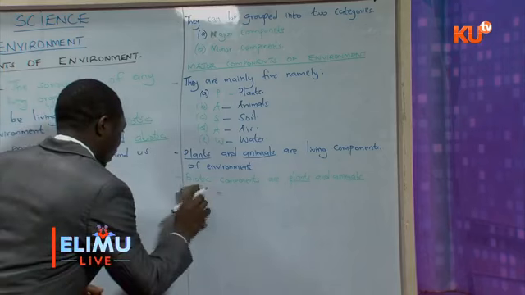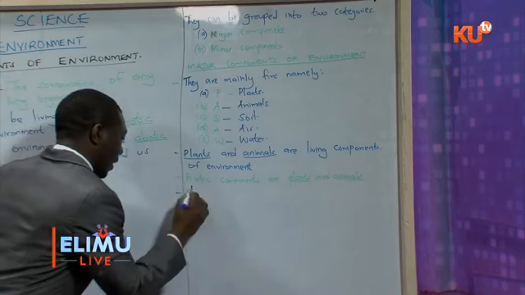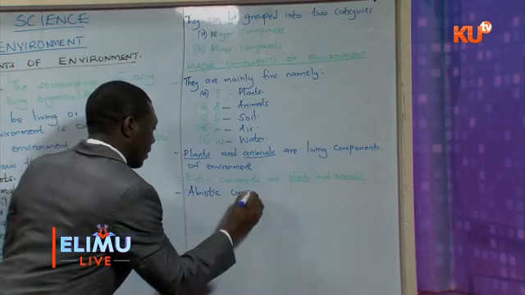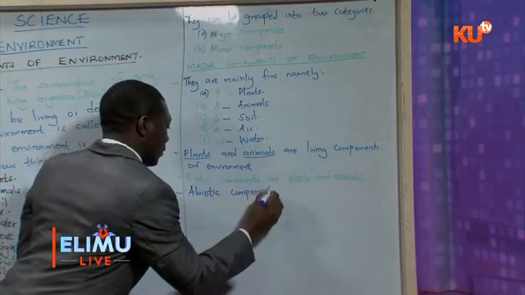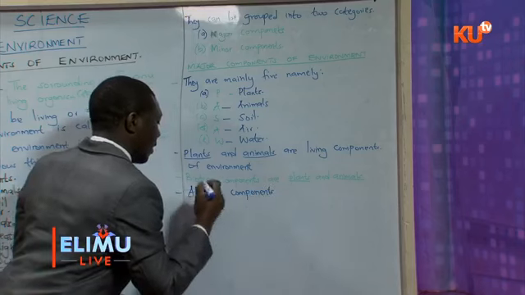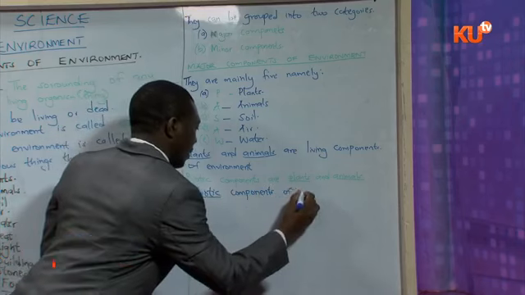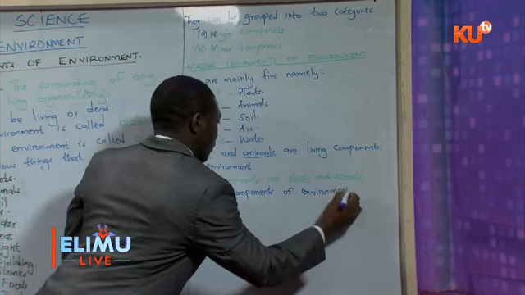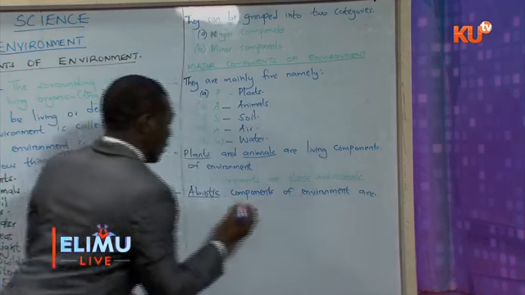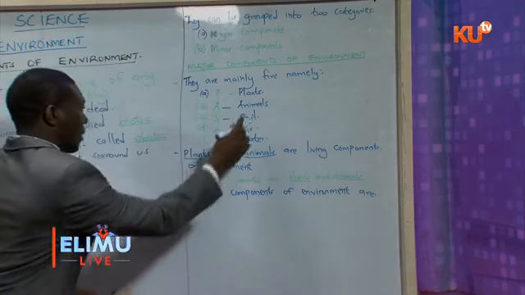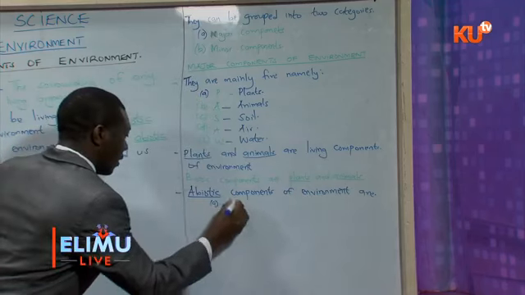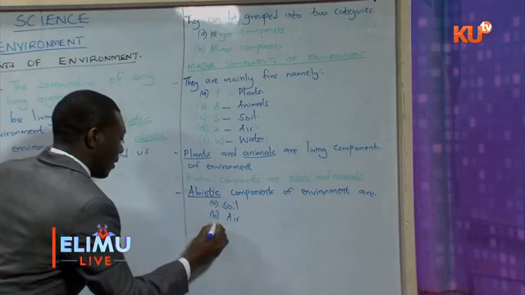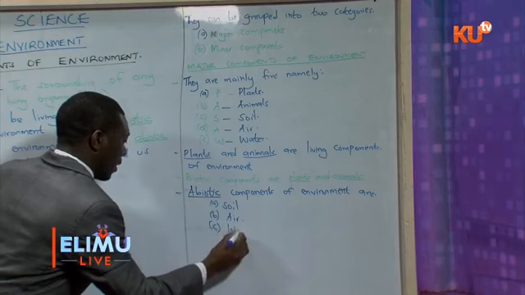The keyword there is abiotic components of environment. We have one, soil. The second one is air, and the third one is water.